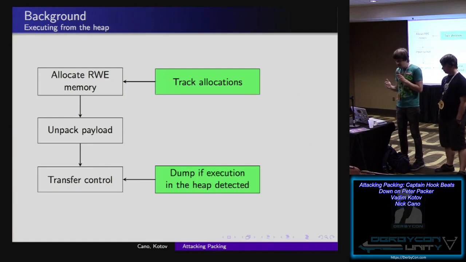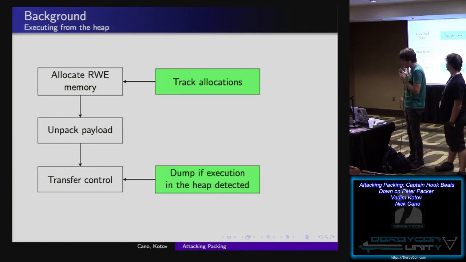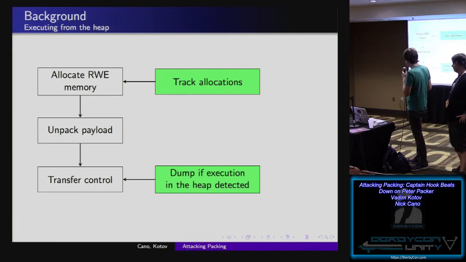So let's look at them in a bit more detail, and let's think about what a generic unpacker should do. When executing from the heap, malware allocates some memory and assigns it execution privileges. Then it unpacks the payload to that region and transfers control. Again, this is a very generic diagram.